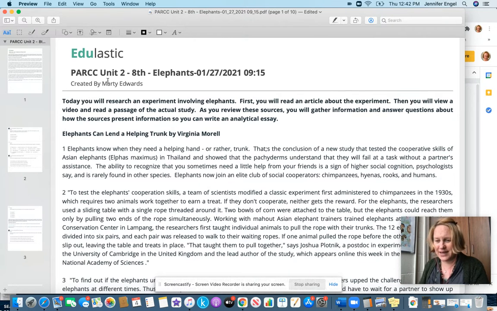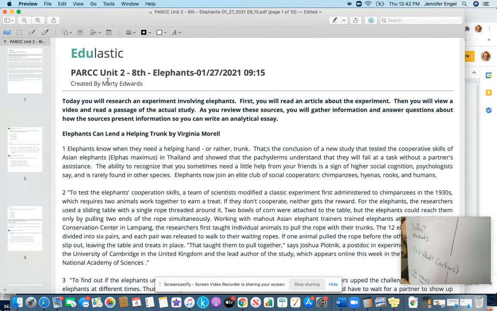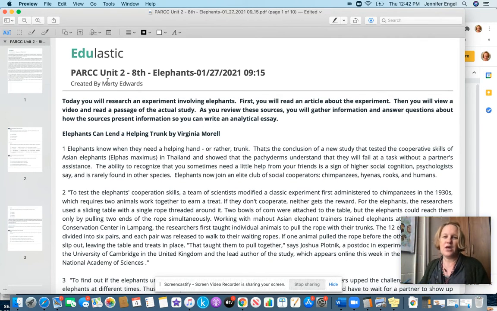So right away, I know my who is elephants. So I just jotted that down on my piece of paper there. Okay. First, you will need to read an article. Then you'll view a video, and then you're going to read a passage. We're not going to do the video today, but we are going to read the two different passages, or are we?